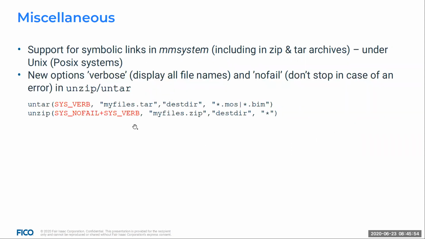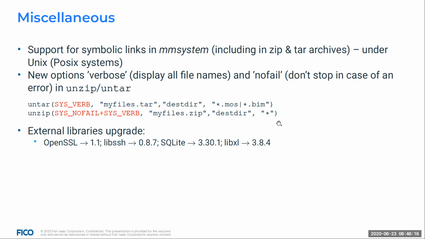We have new options for tar and zip to be verbose, or just list all files that are being compressed or uncompressed, and whether to stop on failure or just skip problems.